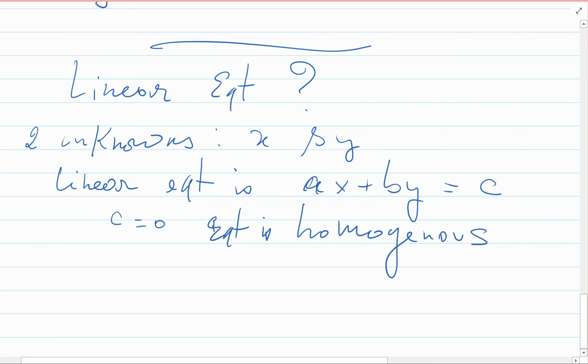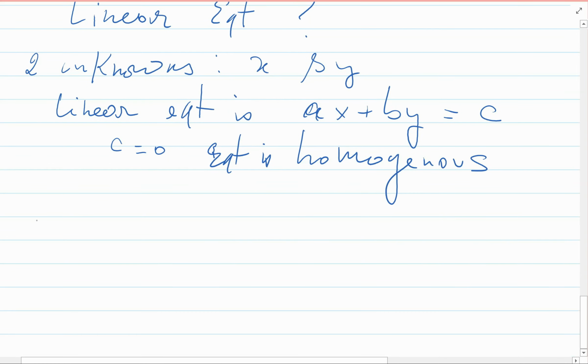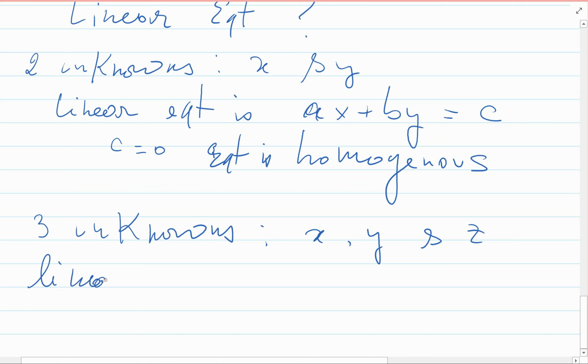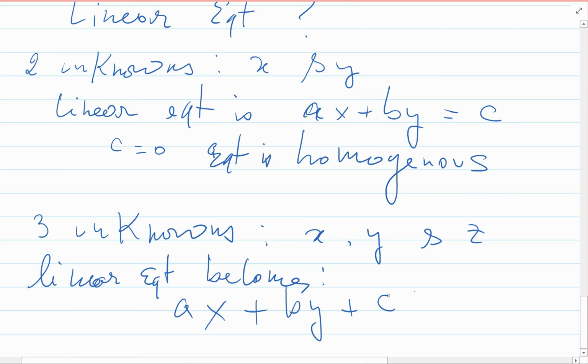Okay, so now what happens when you have three unknowns? x, y, and z. In this case, the linear equation becomes a times x, b times y, c times z equals d.